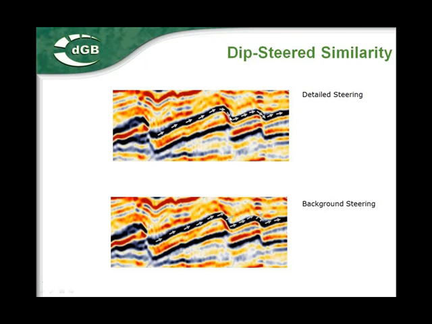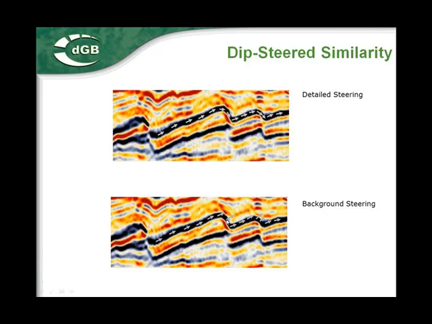I'm going to use very accurately the dip of this reflector, and I will extract one trace pair up here following the dip, and I will extract another trace pair down here following the dip. I can remain centered around the reflector, and there will actually be not much difference in those trace pairs. So my similarity will not register this fault using the detailed steering.